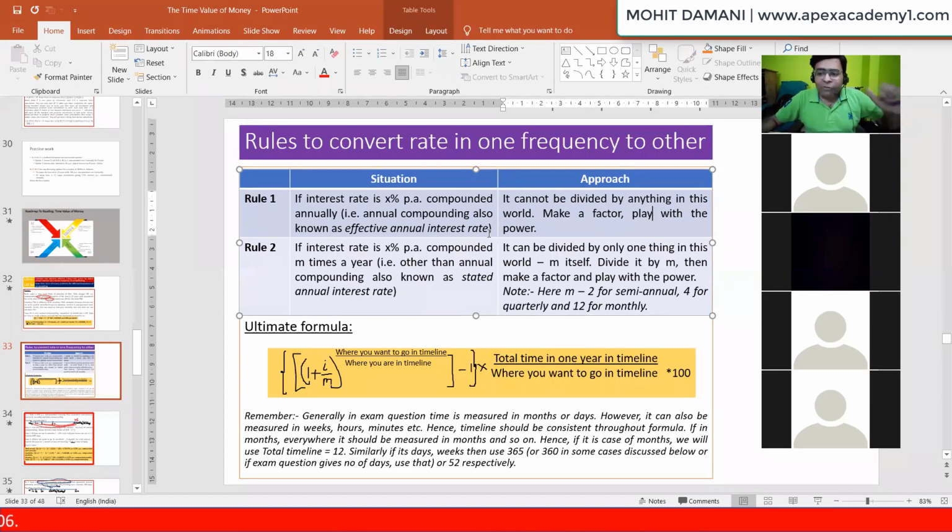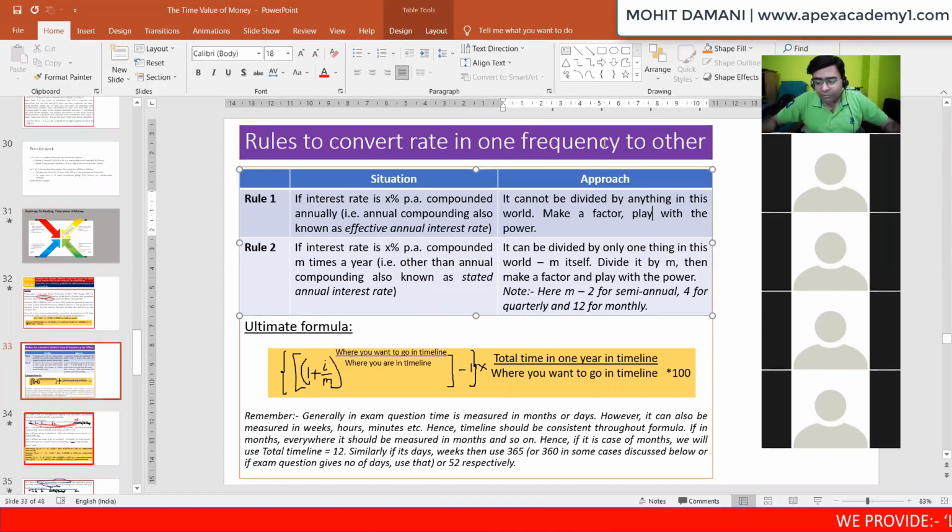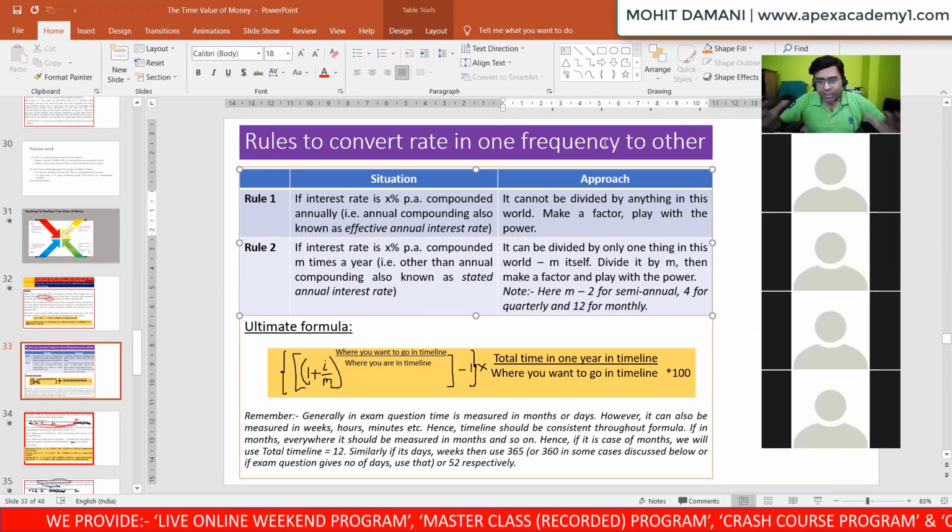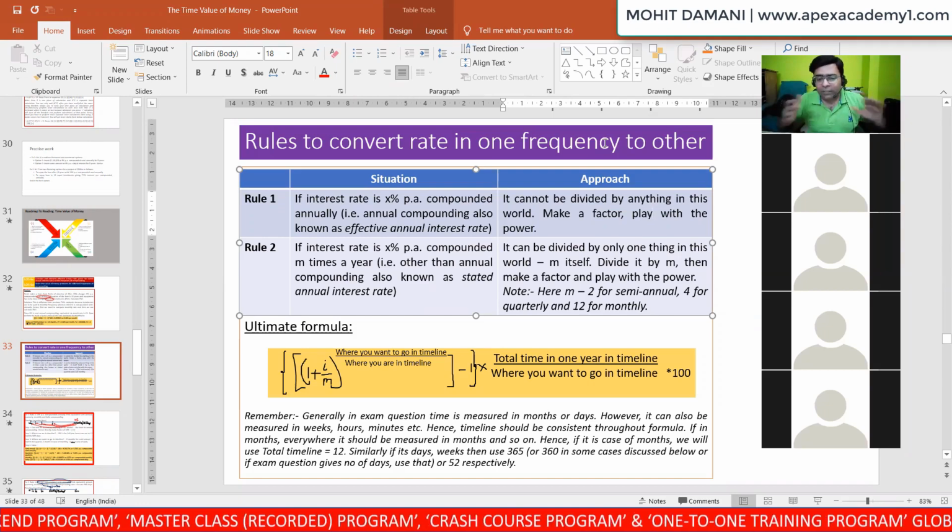I ask you, what will be the factor of 15%? 1.15. Exactly. What will be the factor of 20%? 1.20. Everyone communicate, use your chat box if you want, because this is what is going to benefit.